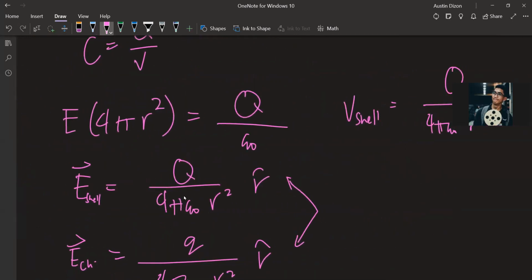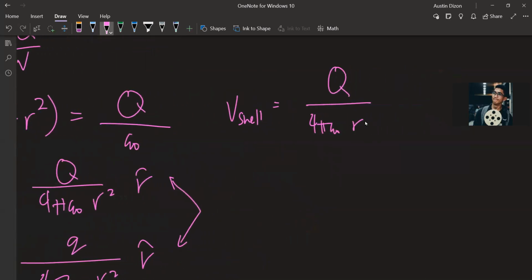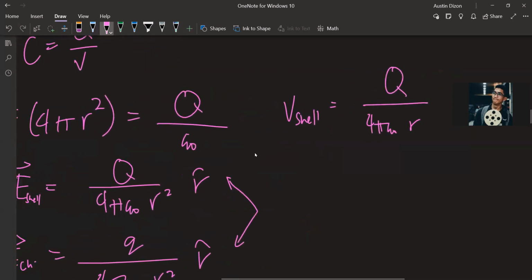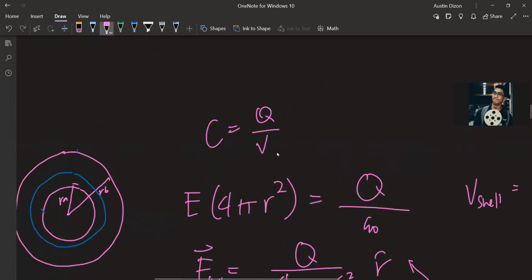Integration pala ito, yung E dot dl. Radially yung pag-integrate mo, and you would end up with this. Okay, now we're done.